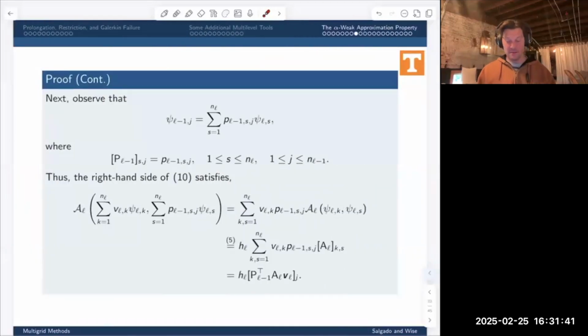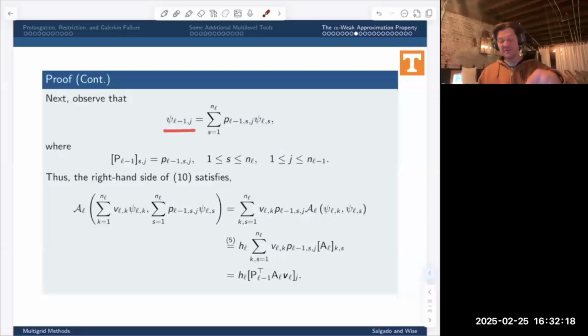Now we're going to observe that the way our prolongation matrix was defined, if I take the basis function in the space L minus 1, let's take the jth one, then that is just a linear combination of basis functions in level L, the basis BL.